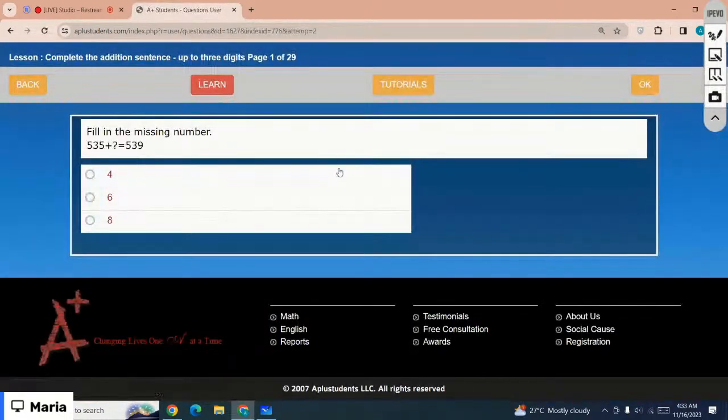For example, the first example is fill in the missing number. 535 plus what number equals 539? You are given three options. Put the options in one by one and see which number is missing.